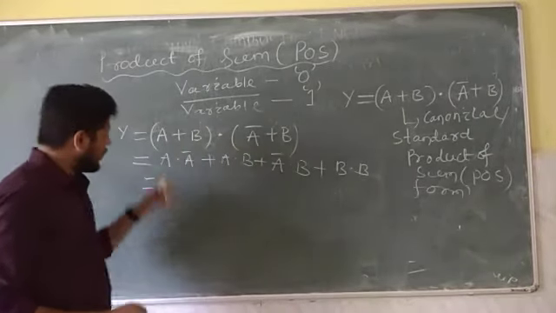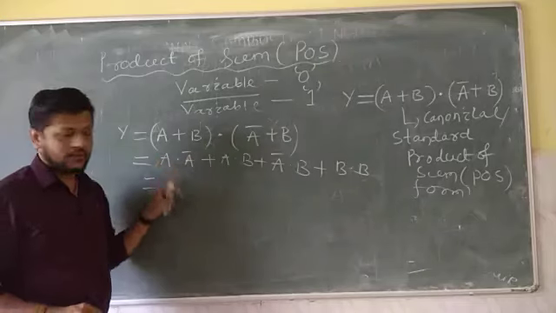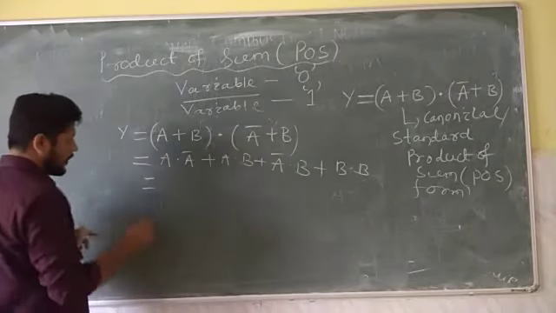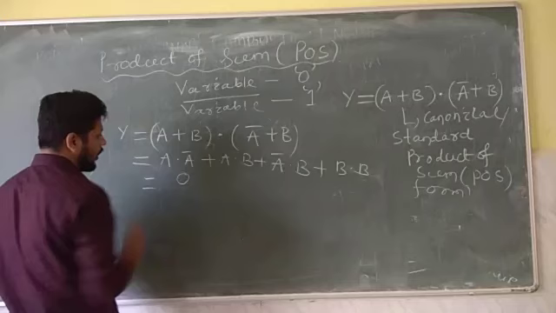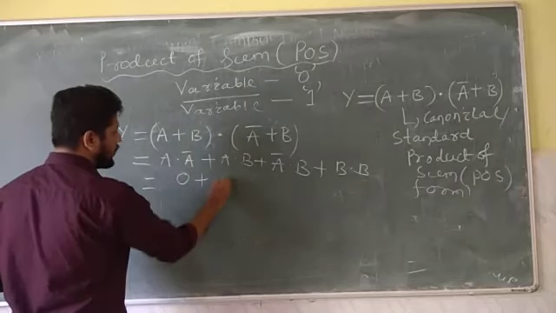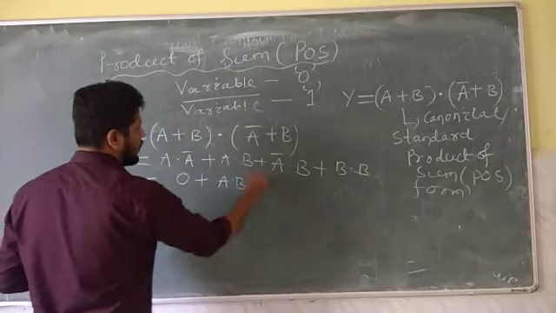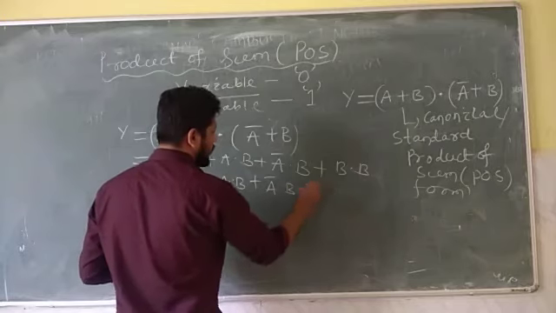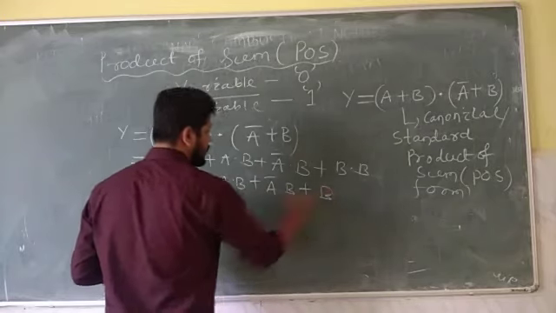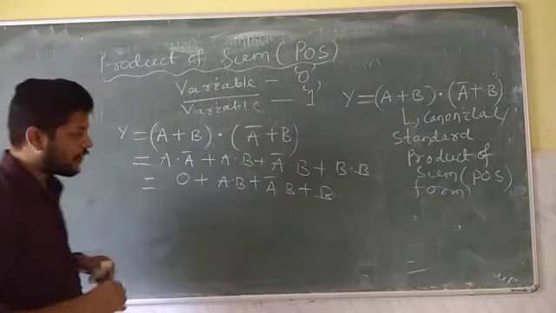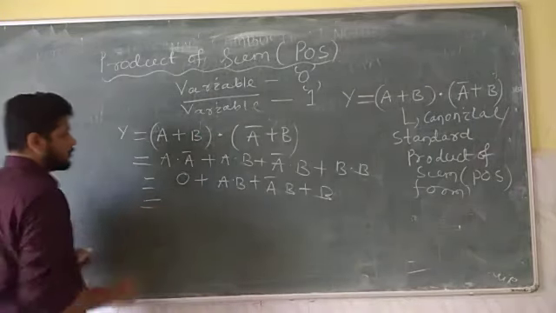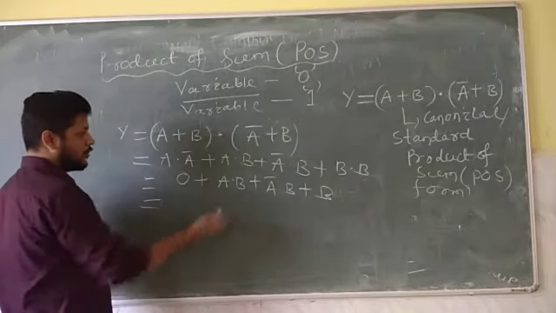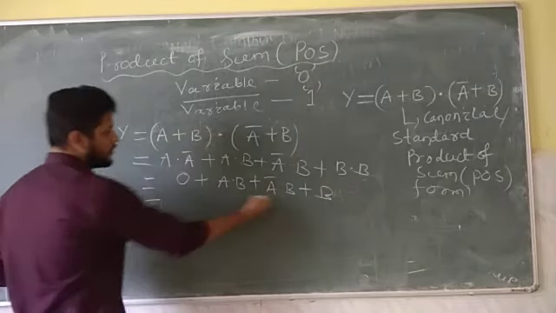We know a variable ANDed with its complement A bar gives the output 0. Here we have AB plus A bar B plus B dot B, and B dot B means B. The 0 term drops out, leaving only the remaining terms.